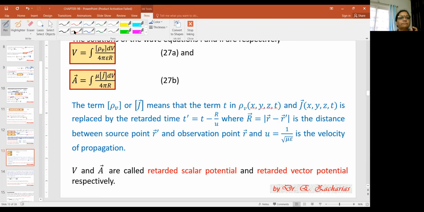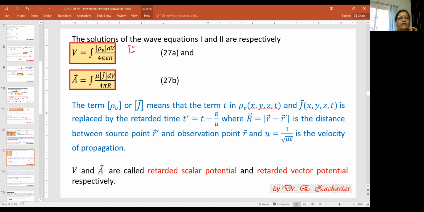Let us see. The square bracket rho v you are having, similarly here you are having square bracket J. J is a current source and here rho is the electric field source, and J is actually the source for magnetic field. Now, what do these things mean?